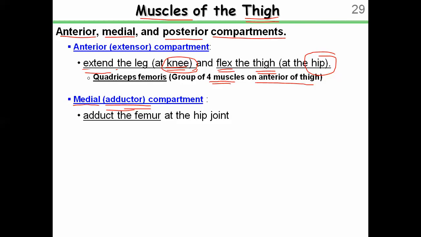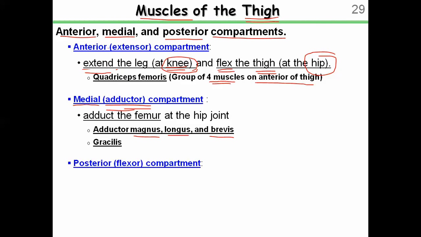We're going to look at 3 adductors: the magnus, the longus, and the brevis. We'll also locate the gracilis, which is in the medial compartment. Gracilis means slender, so this is a relatively slender looking muscle right along the medial aspect of the thigh.